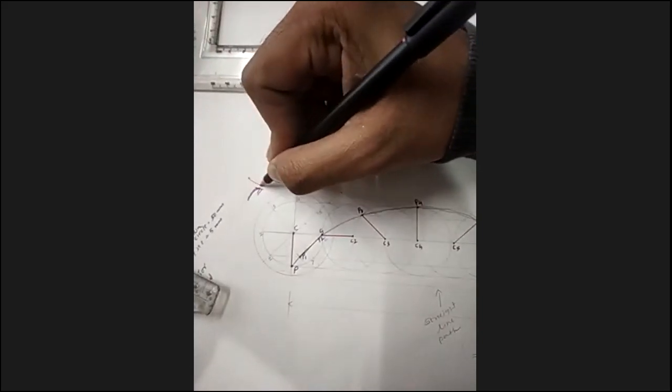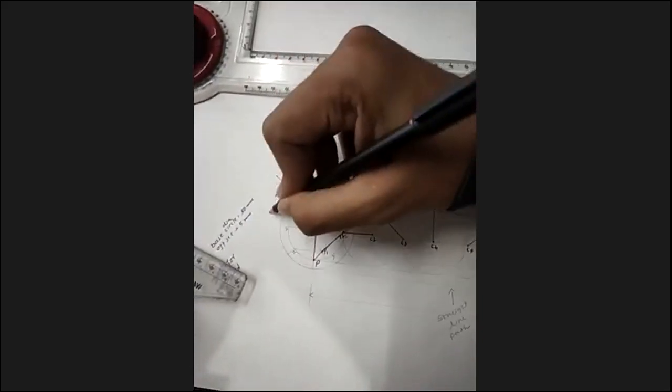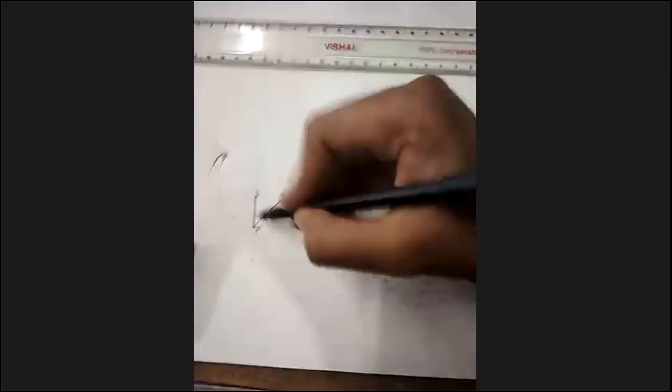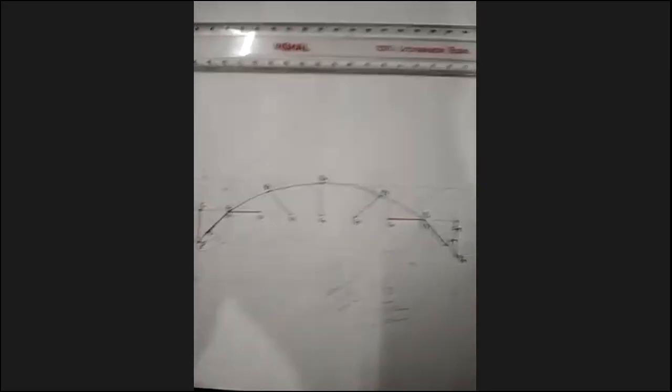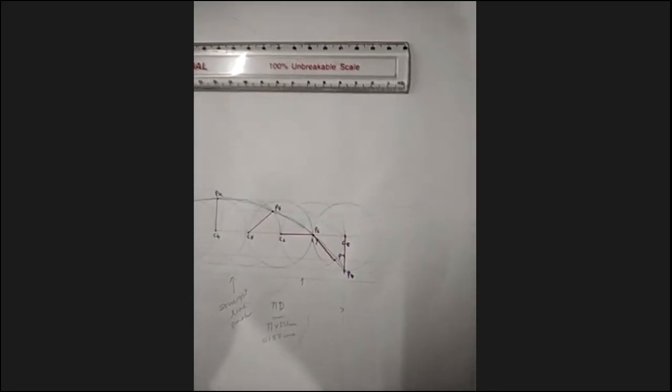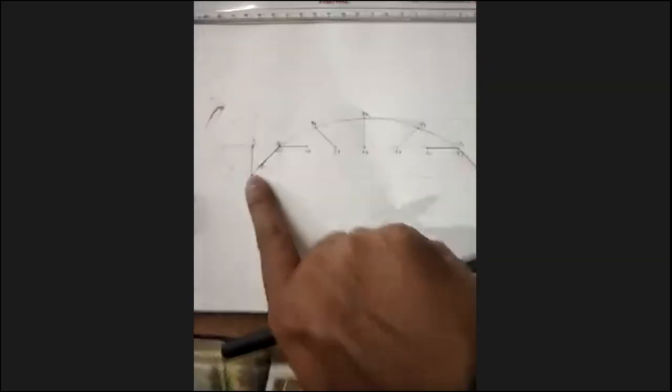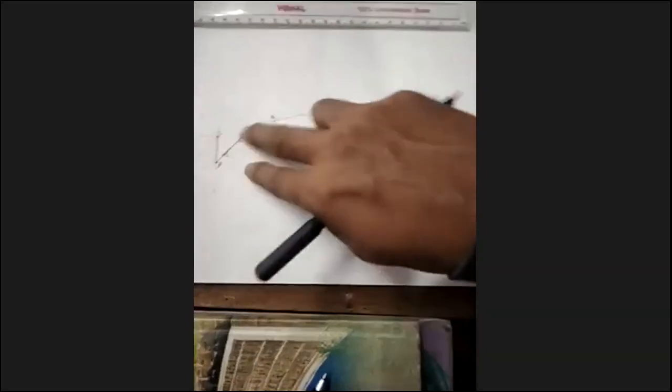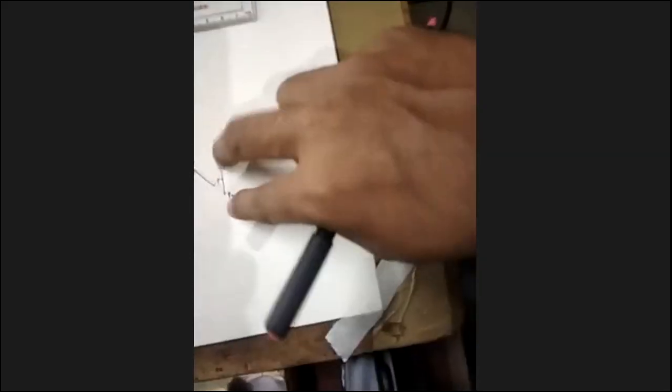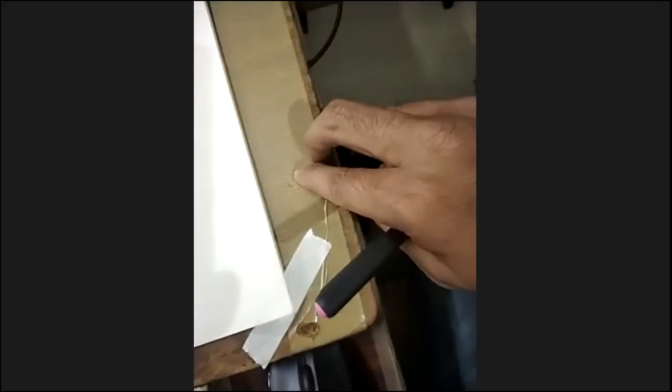Because this is traveling in this direction, this point will also travel in this path. Then again it will be repeated. Once it has started from here and reached again, it will repeat the same path. From here again the same curve will be there, and so on as long as it keeps traveling.